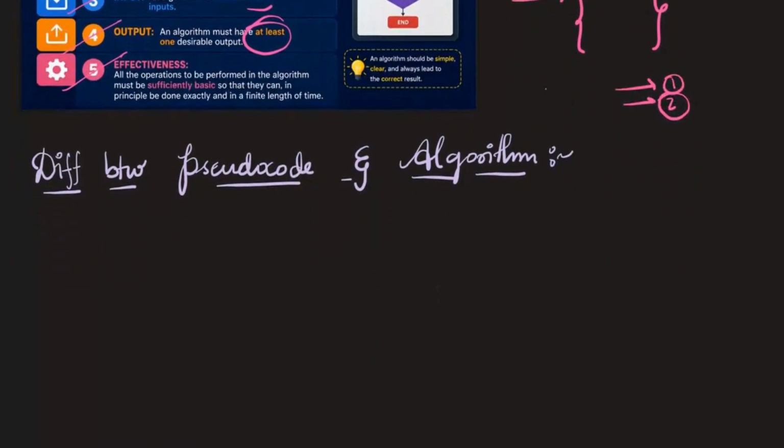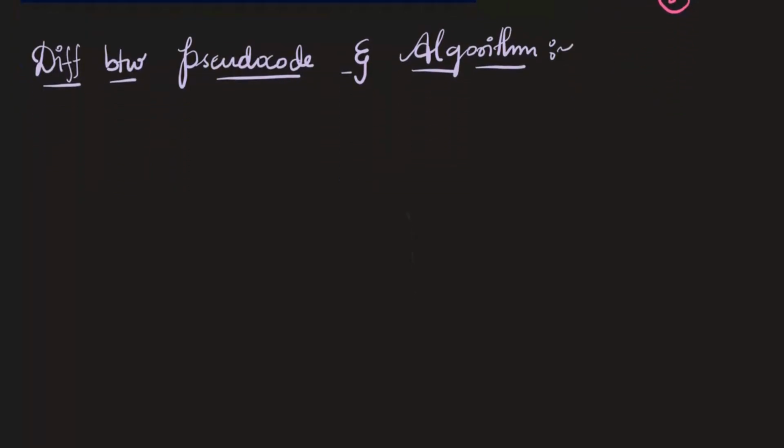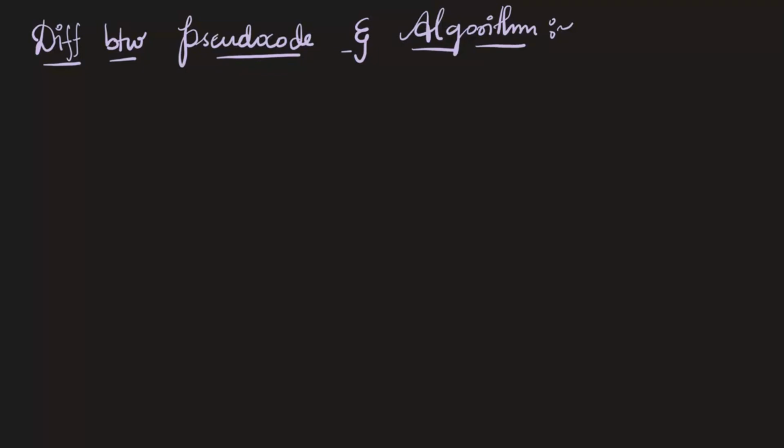Now when we come to the difference between pseudocode and an algorithm, we'll understand it using an example. First let us understand what an algorithm is, and then we'll come to the pseudocode.